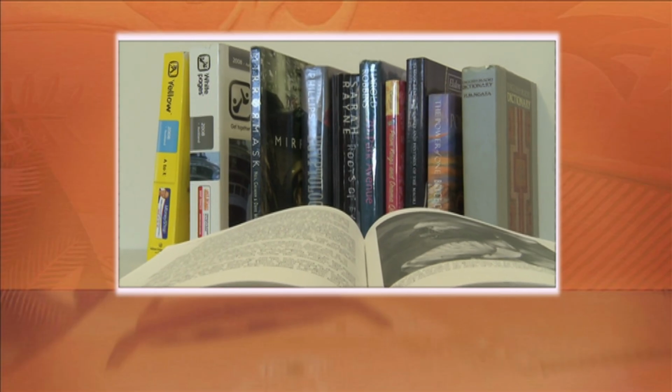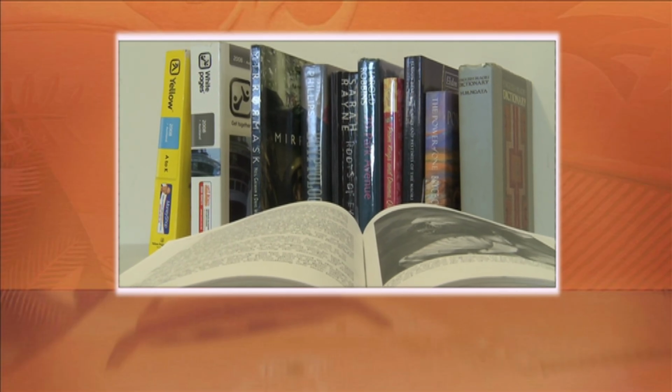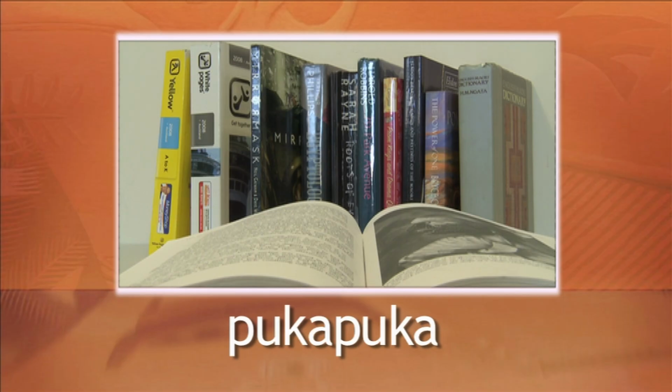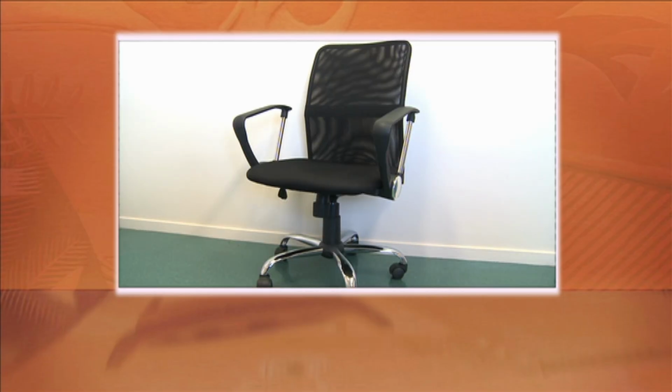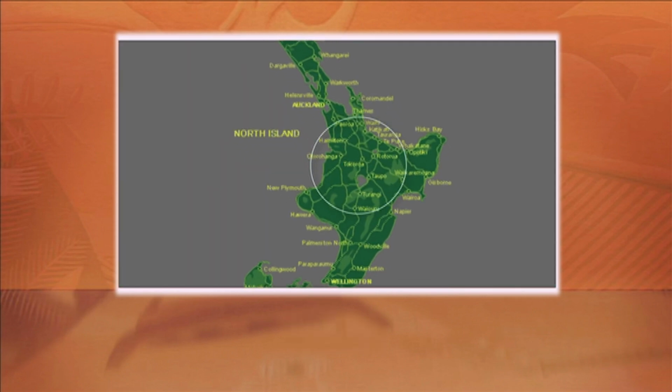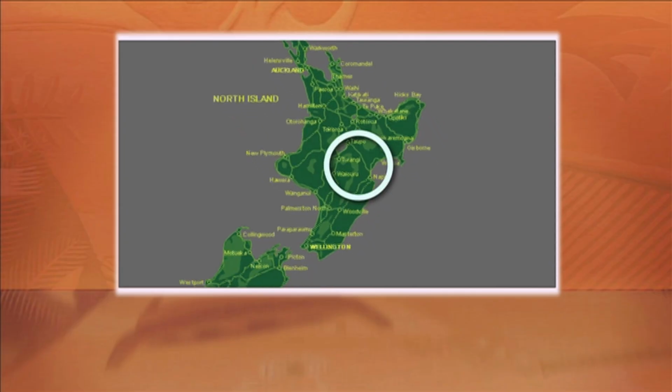Pukapuka, book. Pukapuka. Tūru, chair or stool. Tūru. Here Taunga, Hastings.